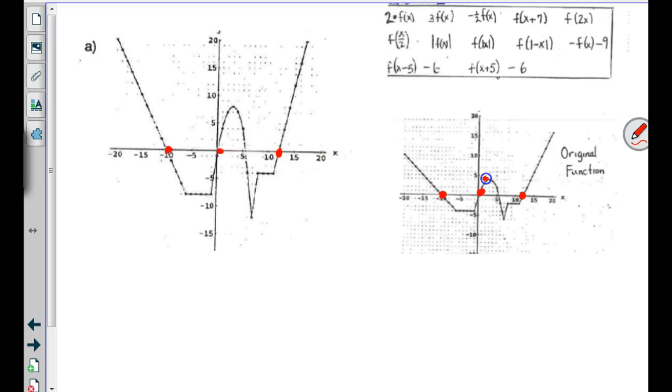But where this used to go up to maybe 3, it's now going up to maybe 8 or something? So we have to decide, is it by 2 or 3? Those were our two choices here, right? Okay. What was this at originally? Can you tell? Down as far as like -6, and is it down to -12? So I think it's only 2. What do you think? 2 f of x?